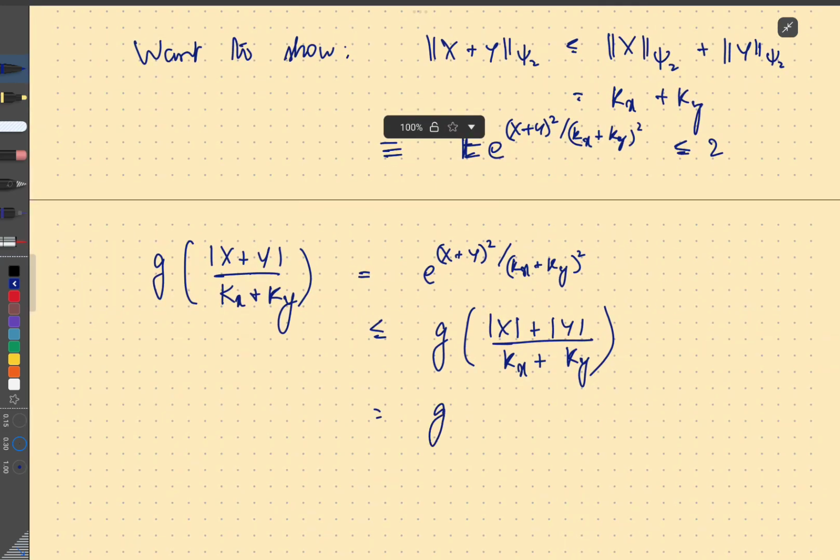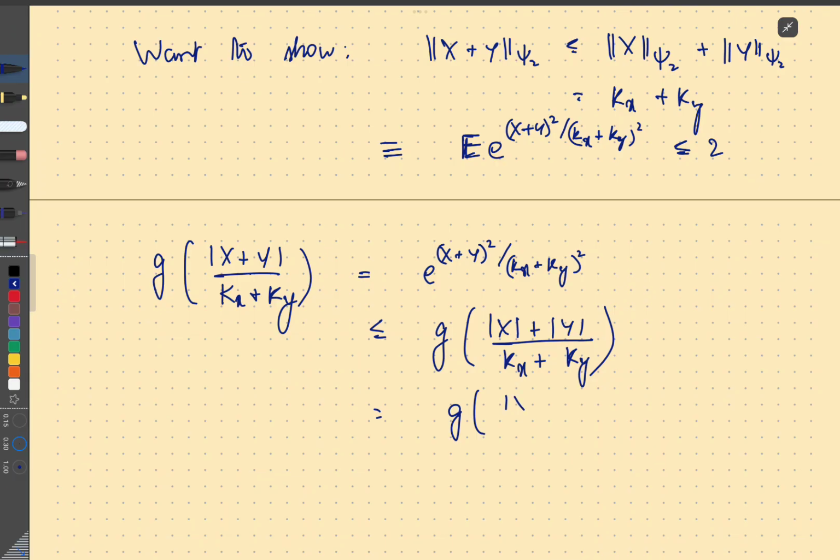This is nothing but g of mod x. I'll split this into 2: mod x times 1 by kx. Let me write it.